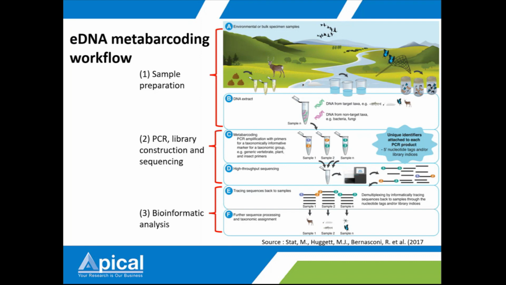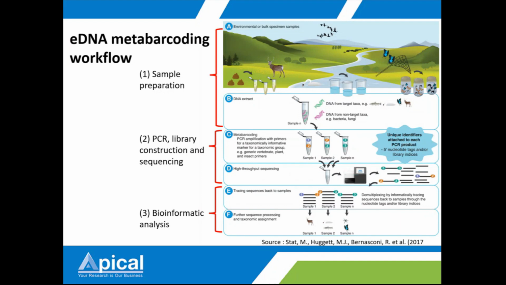All right. Once we have the sample prepared, you can move on to the second step, which is PCR, library construction and sequencing. During this step, you PCR the sample using the target region, so you need to define your target region.